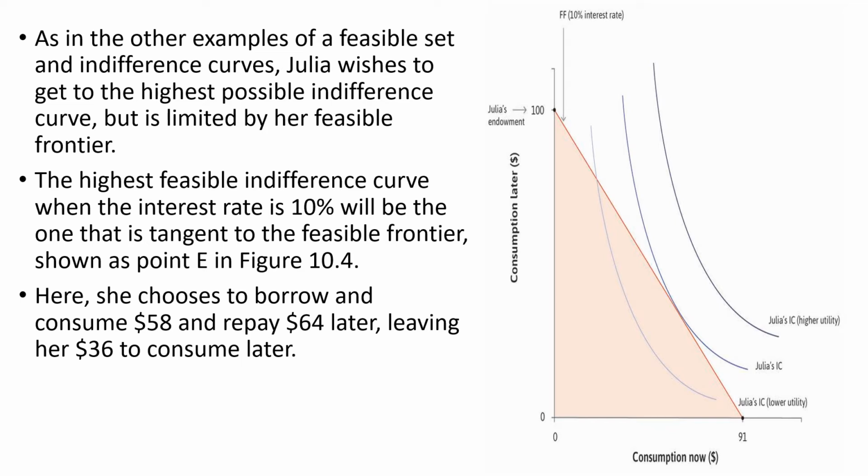But this is constrained by our income. So this is what happens when we make an analysis based on indifference curve and budget line analysis. So we have to understand the feasible frontier.